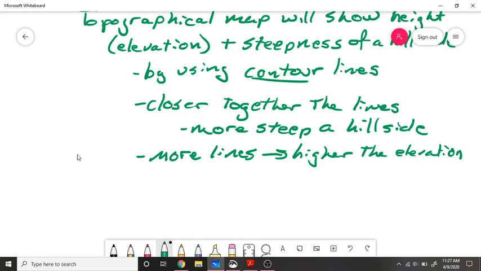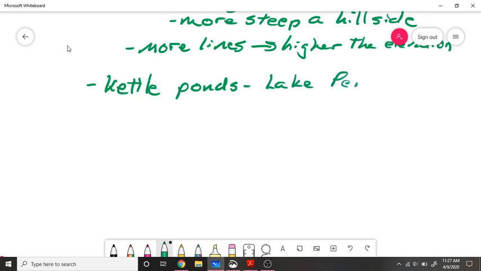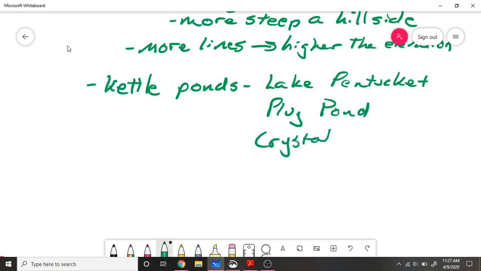In Haverhill, you may hopefully have realized some of the features that Haverhill has. We have a number of kettle ponds, basically all of our ponds: Lake Pentucket, Plug Pond, Crystal Lake, Lake Kenoza, to name a few.